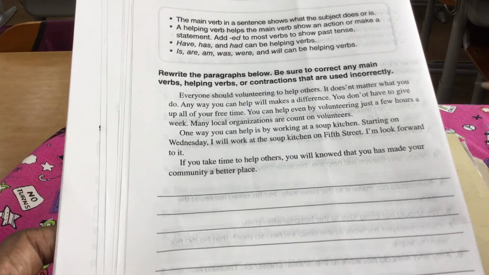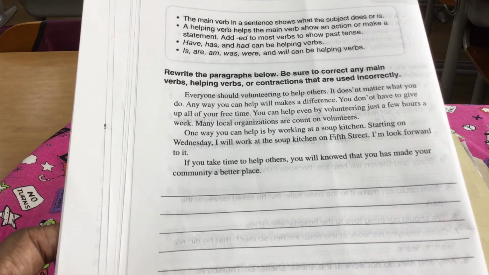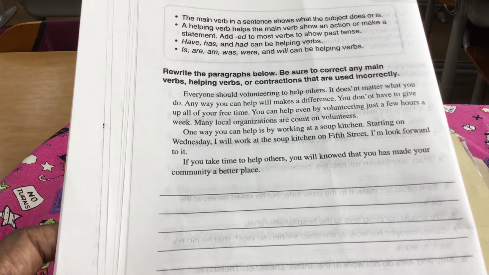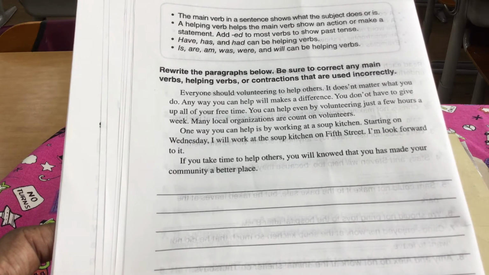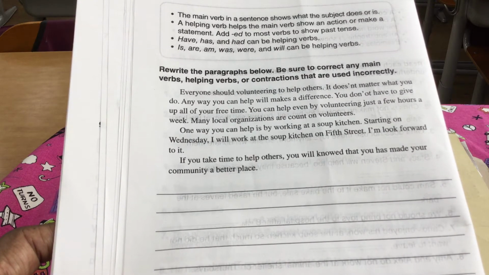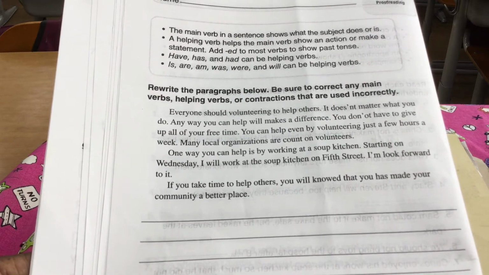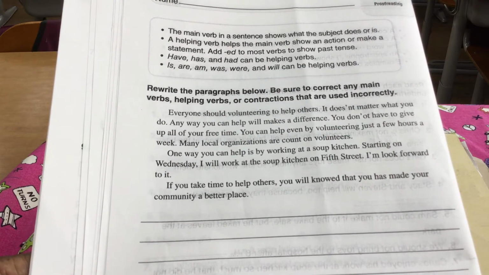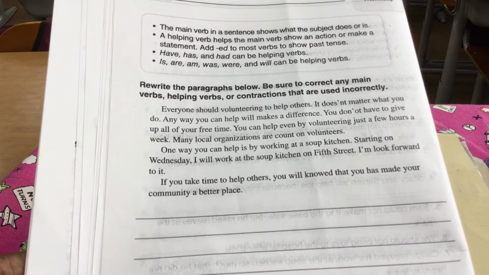Now you have the paragraph here. And what you're going to do, you're just going to correct the main verbs. You're going to correct any helping verbs that are wrong. And you're going to correct any contractions that are wrong. Okay? I will do the first two sentences with you.